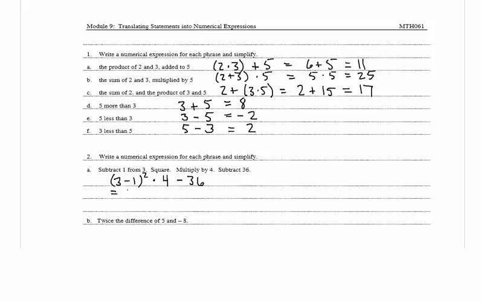So we have 3 minus 1 is 2. So we have 2 squared times 4 minus 36. 2 squared is equal to 4. So we're going to have 4 times 4 minus 36. And now we want to take care of the multiplication. So 4 times 4 is equal to 16 minus 36 is equal to negative 20.